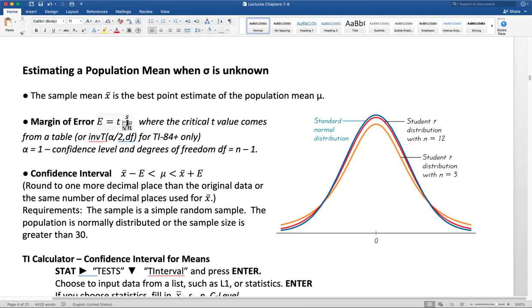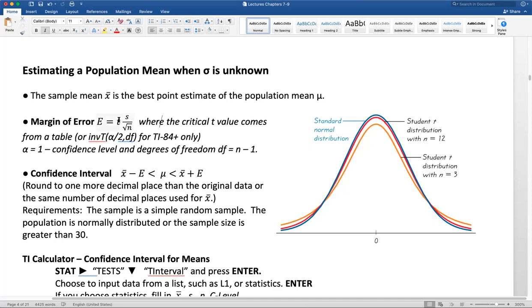Here we assume that the population is normally distributed. What that means is the probability distribution of the population has the bell shape.